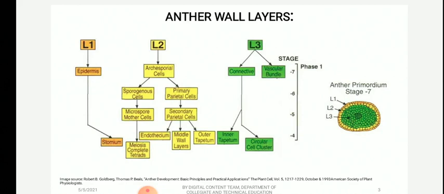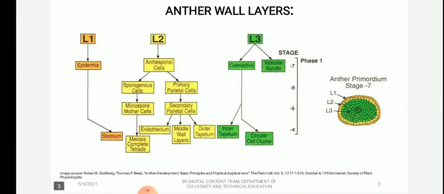In the L2 region, archesporial cells differentiate and will form primary parietal cells, which will form the anther wall, and primary sporogenous cells, which will form the microspore mother cells, and eventually the microspores. The L3 will form the connective and vascular bundle.